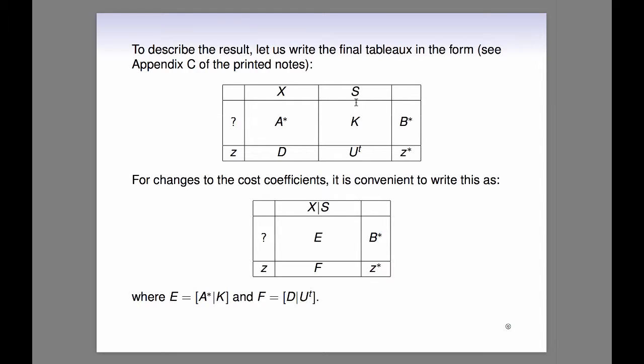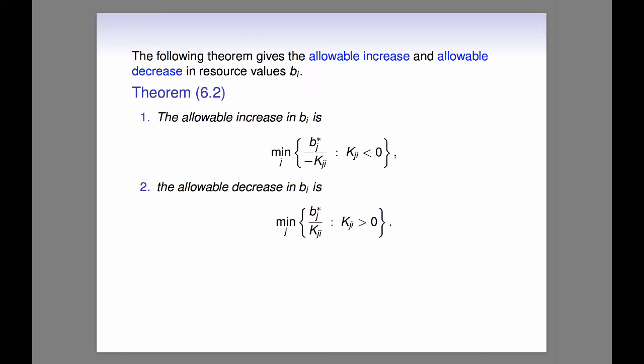So previously, for the cost coefficient, we ran across a row and we computed ratios. Now we're running down a column. We run down the ith column and we compute the ratios going down the column. The ratios between the b's and the k's.